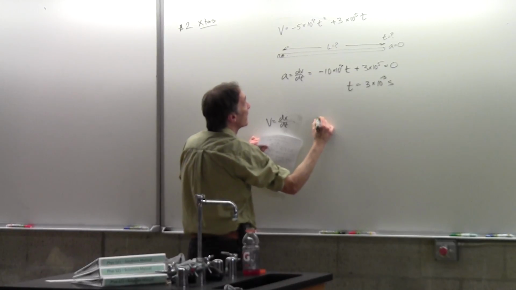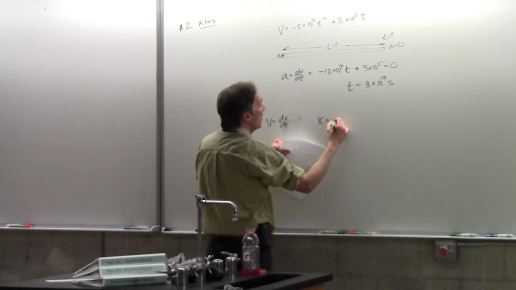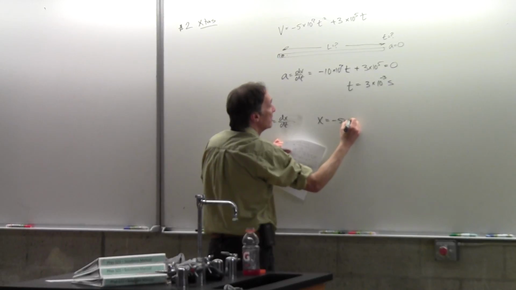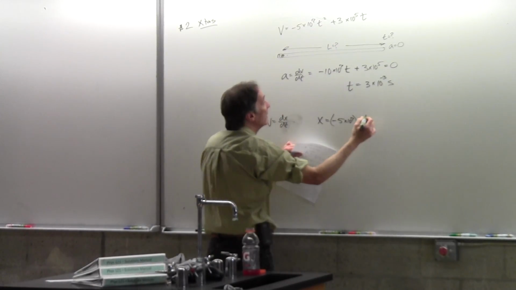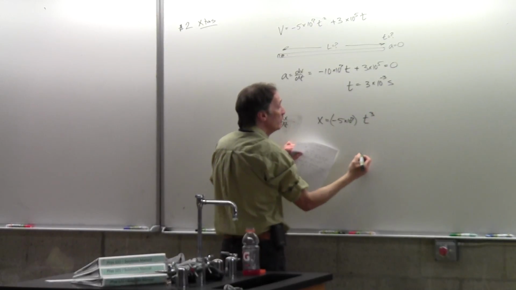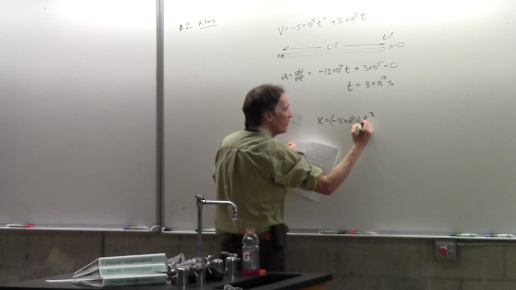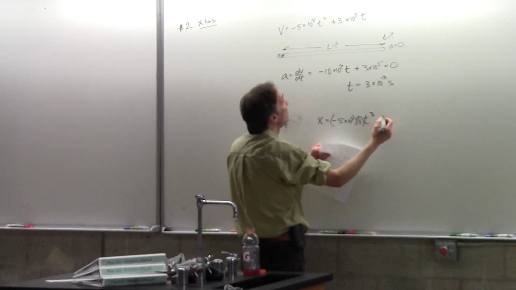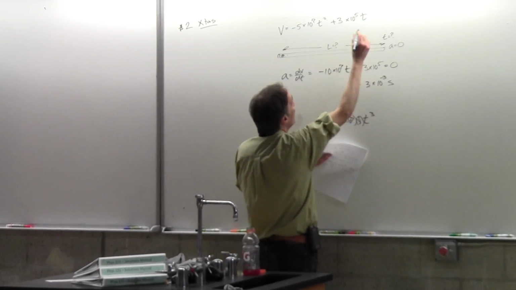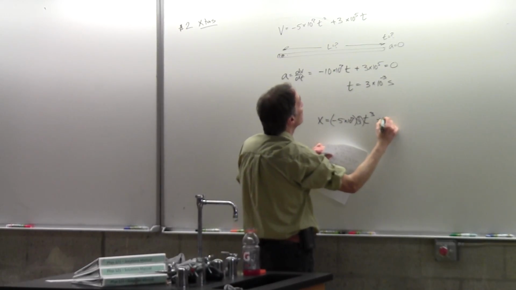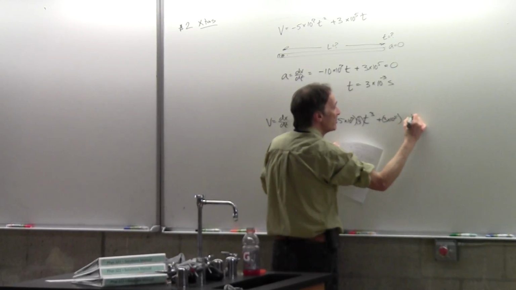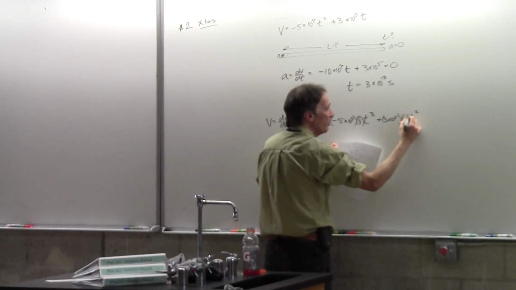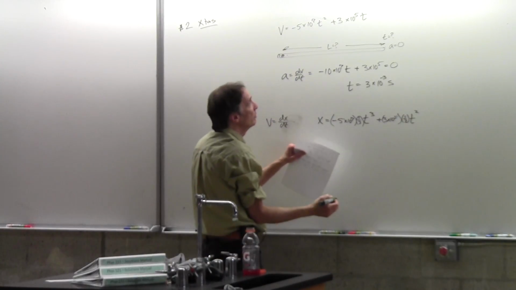And so I expect that x is going to be equal to minus 5 times 10 to the 7th. t squared, to integrate, will go to t cubed. I'll have to have a 1/3 here, so it differentiates right. And then I'm going to integrate this plus 3 times 10 to the 5th times, now this is going to become t squared. I'll have to put in a divide by 2.